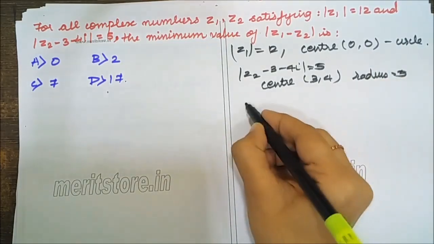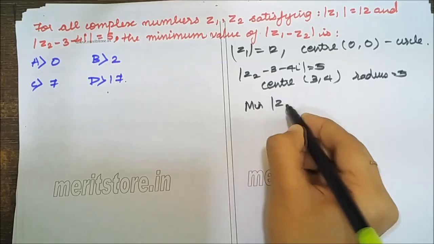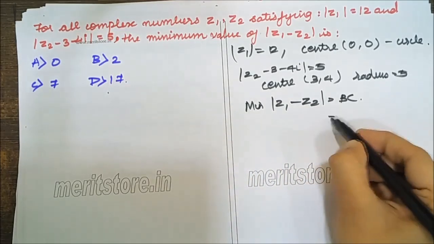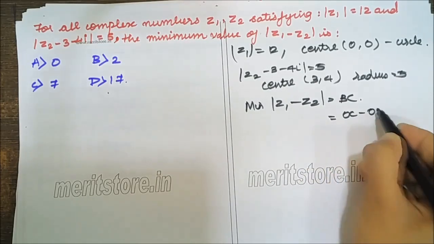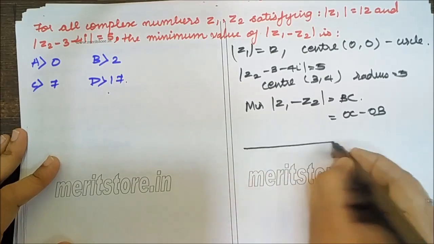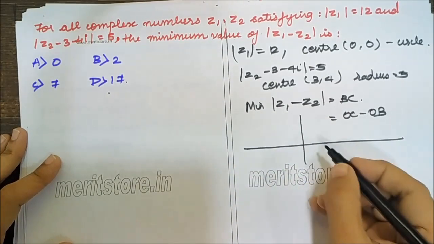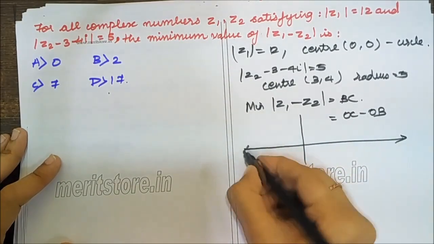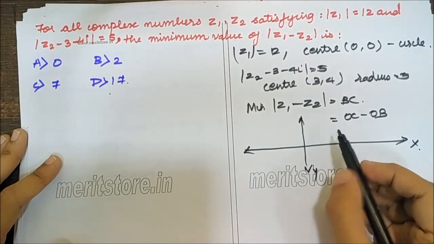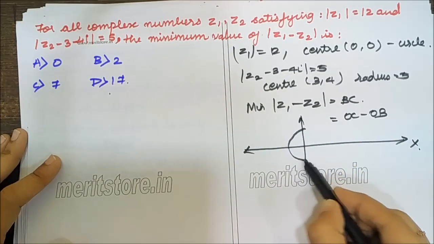So minimizing, you get z1 minus z2 as BC, let's say OC minus OB. You need to plot these details on the diagram. This is your y-axis. This is your x-axis. You plot a circle.